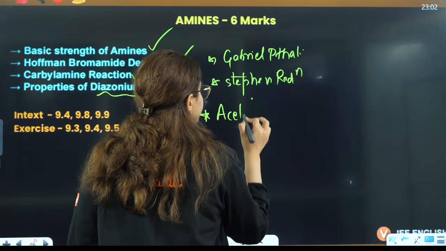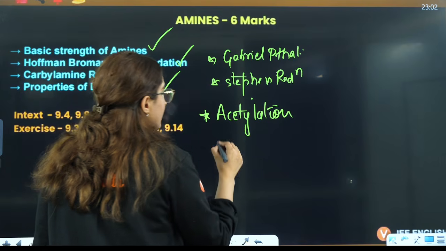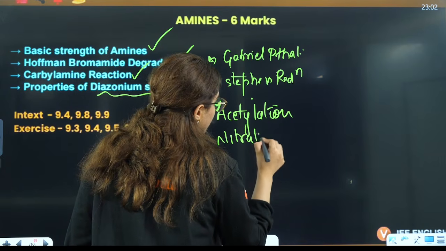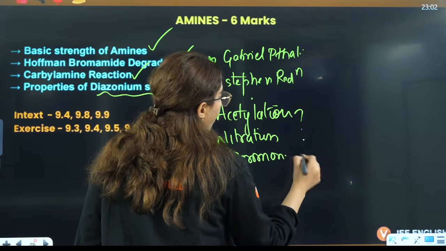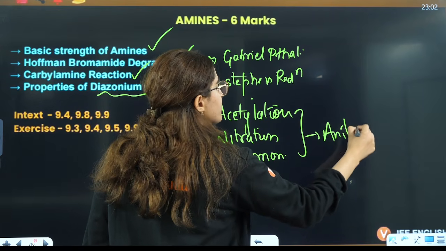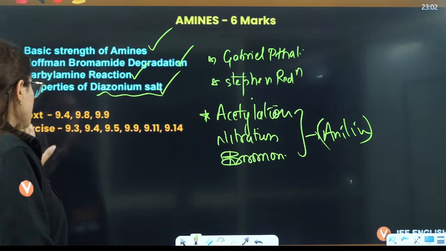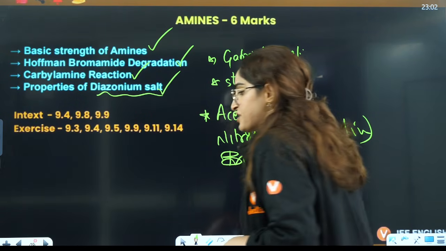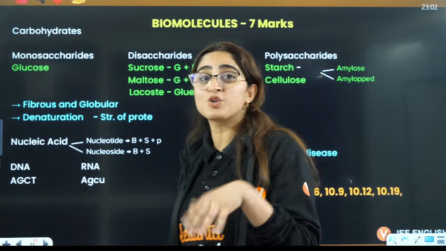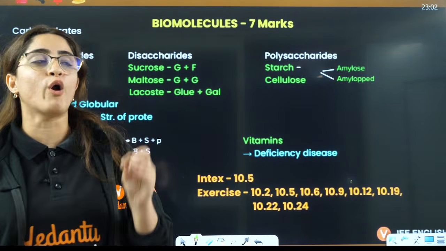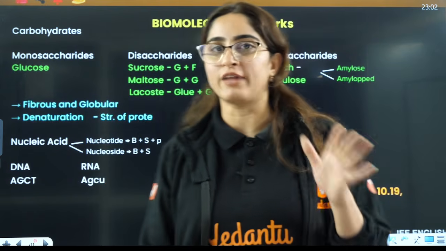Acetylation, when H is replaced by COCH3, nitration and bromination of aniline. These are very important reactions of aniline. Out of this, anything they can ask you, and these are the important exercise questions and in-text questions, right? So if you do this much, I know that is also too much, but you have to do this much if you want to get 95 plus marks in your exam. You have to go through all of that, right?